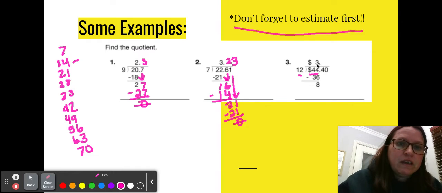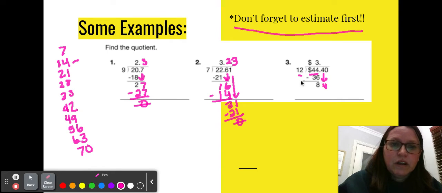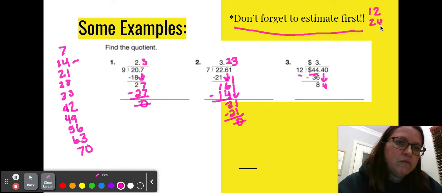So they gave me the first one. 3 times 12 is 36. 44 minus 36 is 8. Now I need to bring down my 4. 12 goes into 84. I don't know my 12 facts, at least I'm just saying that. 12, 24, 36, 48, 60, 72, 84.